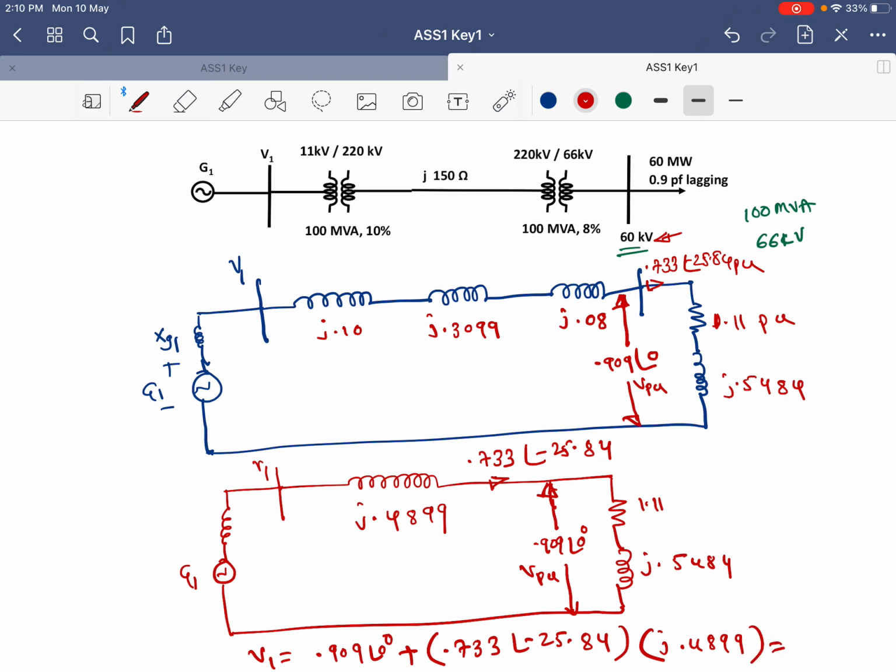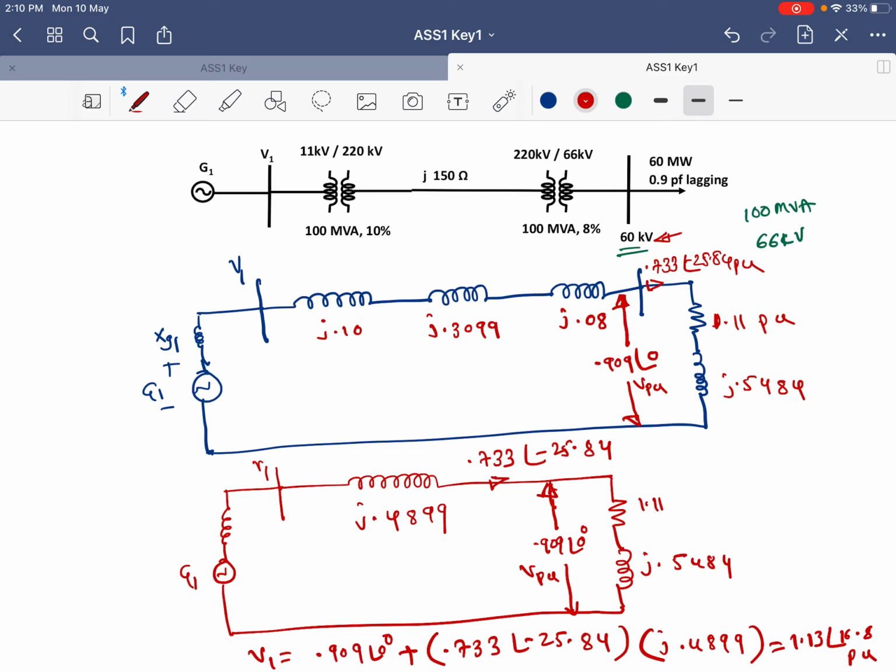If you work this out, the per unit value you get is 1.13 at an angle of 16.8 per unit. That is V1.